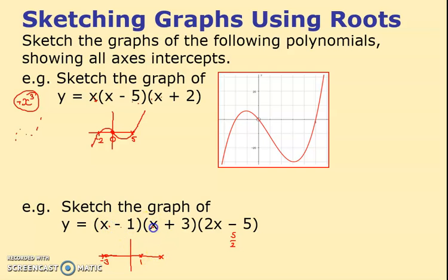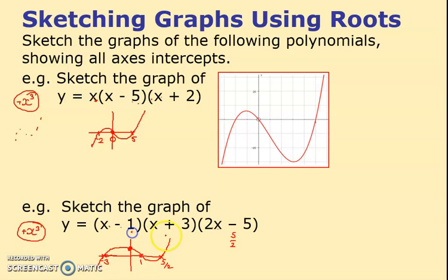So again, x times x times x is a positive amount of x cubed. So it starts low, goes something like that. Now this one, because it crosses in a different place, I really should say what that is. It's dead easy to do.